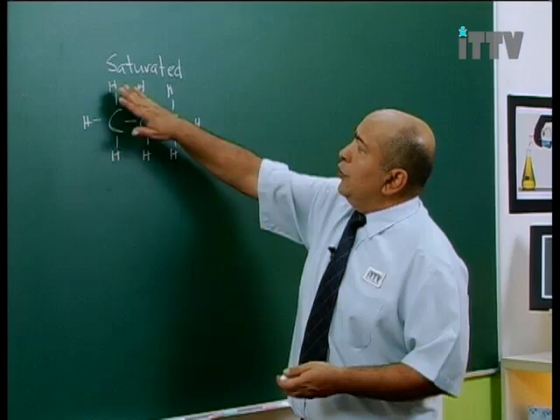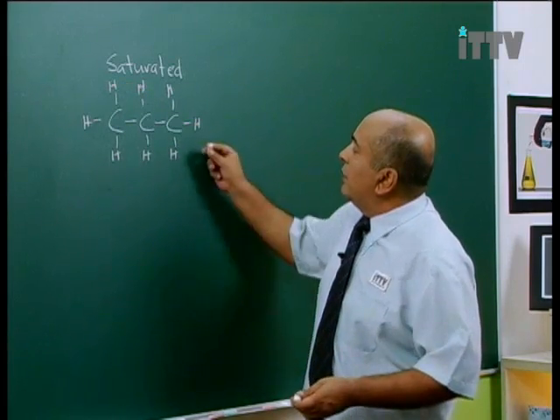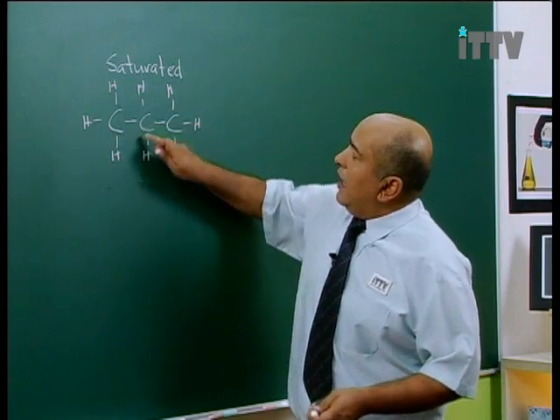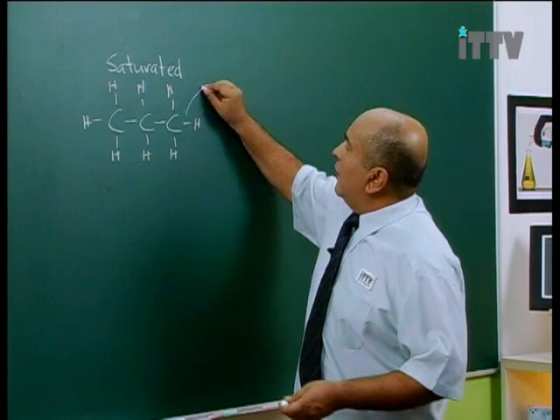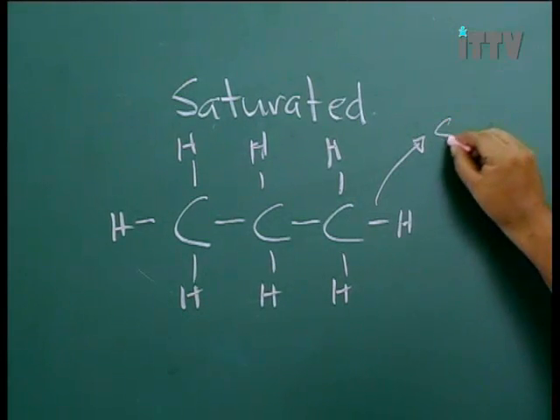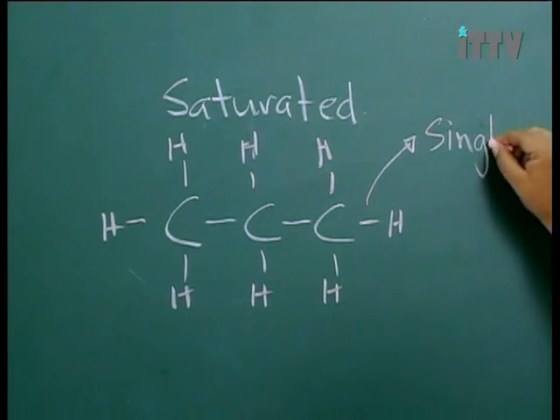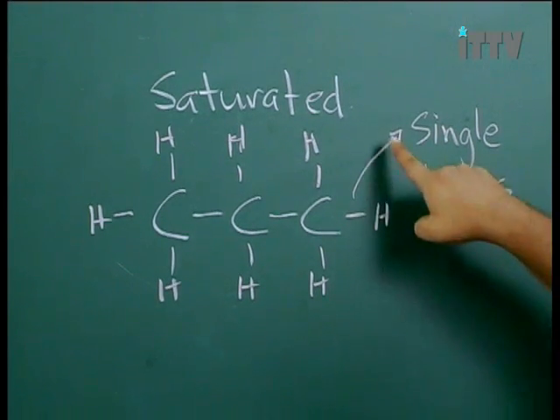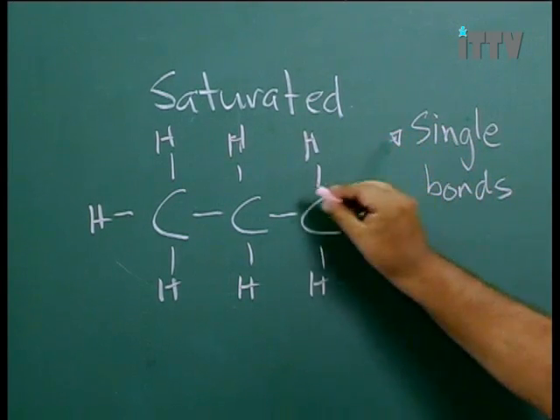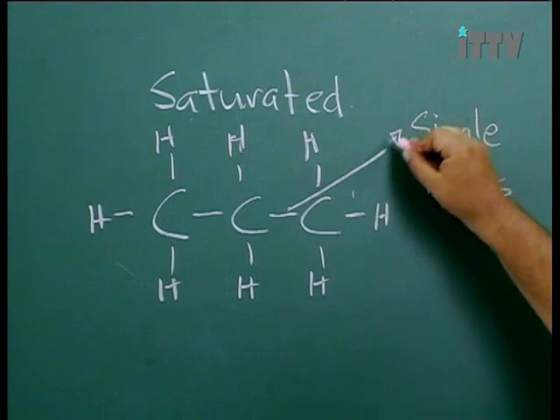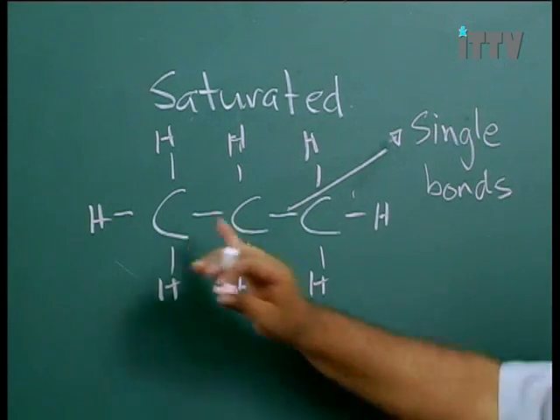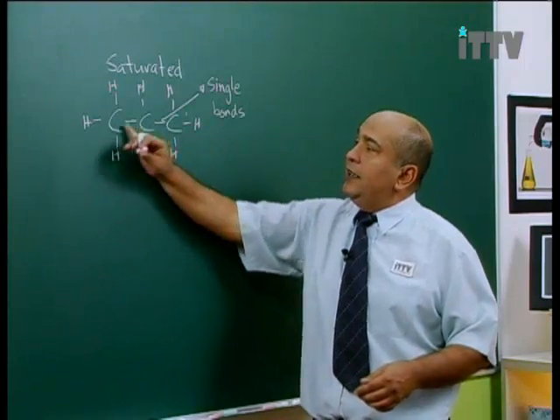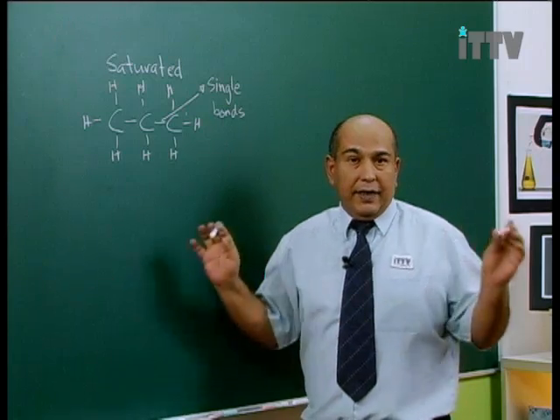So anyway, you'll notice that in this saturated compound, all my bonds are single bonds. Beg your pardon, really I should be pointing to this carbon-carbon bond that we're talking about here. So all the carbon-carbon bonds in here are single bonds, nothing else.